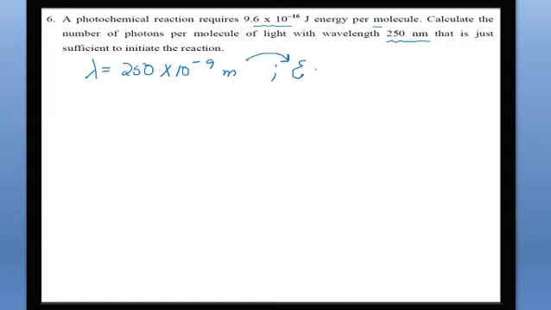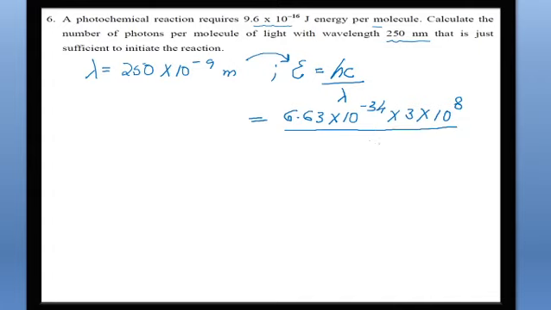So we know that E is equal to hc by lambda. Going by that formula, we have 6.626, which we can round off to 6.63, into 10 to the power minus 34, this into the speed of light, 3 into 10 to the power 8, upon the wavelength which we have been given, 250 into 10 to the power minus 9.